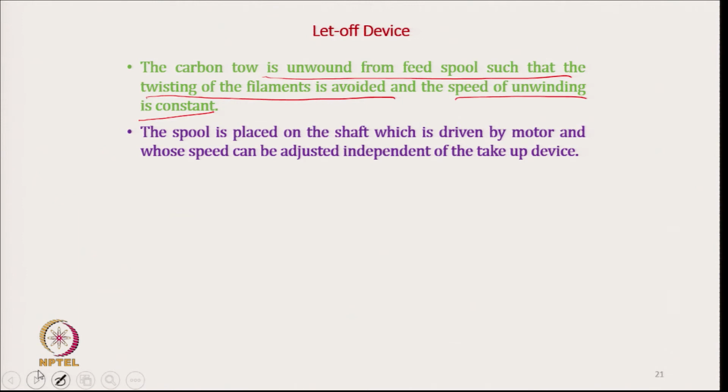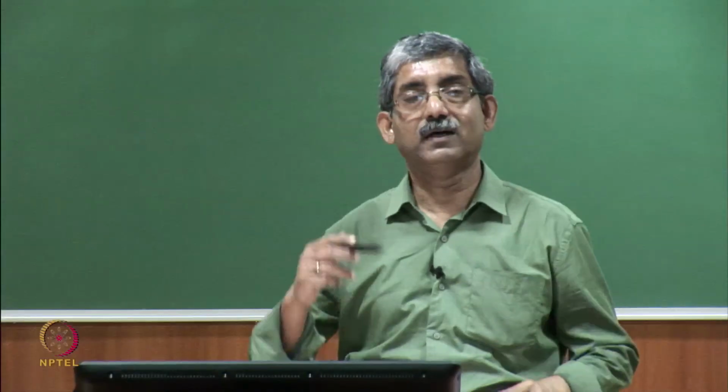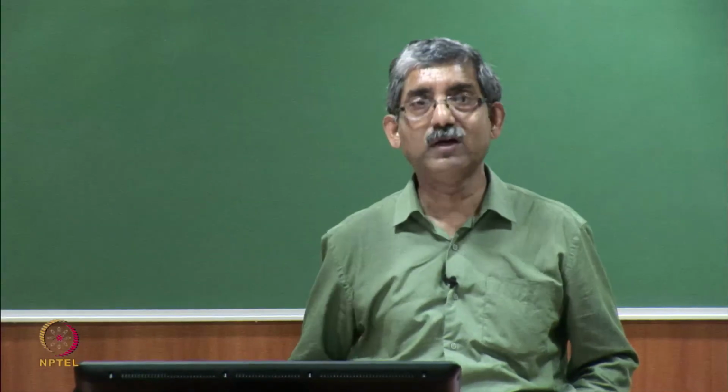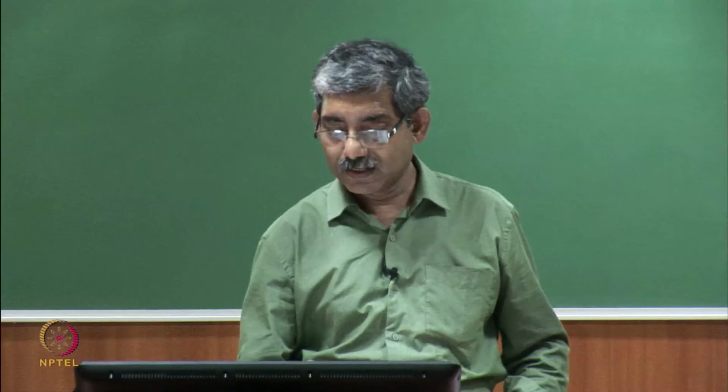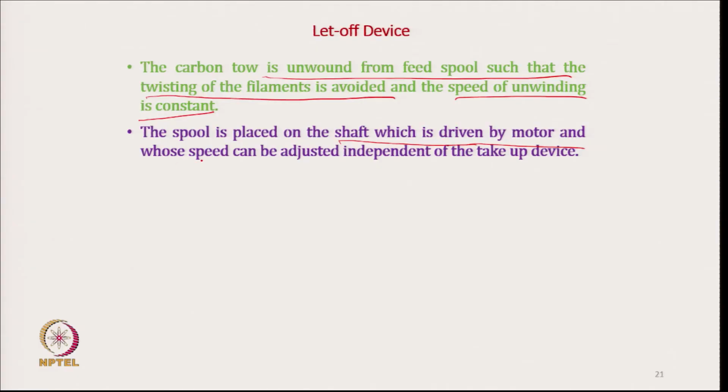The spool is placed on the shaft which is driven by a motor. So, this motor is driving the let-off spool, the speed of which can be adjusted independent of the take-up device. So, this let-off speed we can adjust.